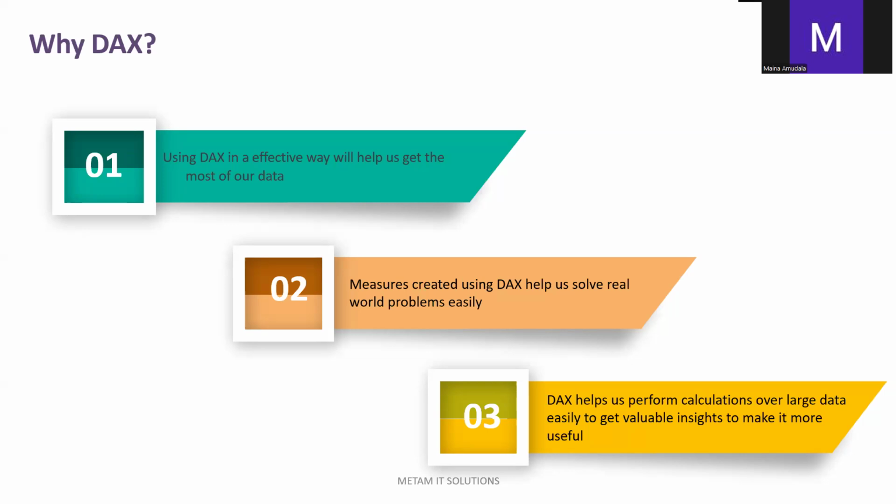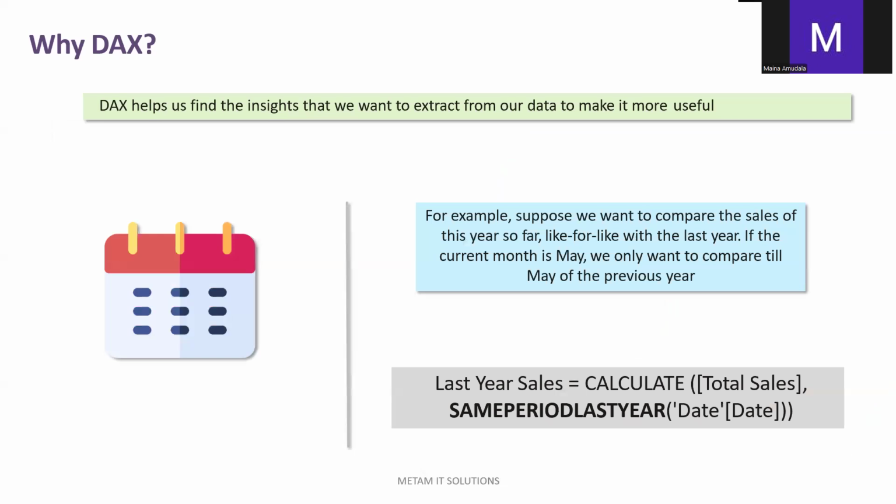For example, suppose we want to compare the sales of the last year for this month, like September or August. What type of syntax do we use for Data Analysis Expressions? If the current month is August, we only want to compare up to date August of the previous year.